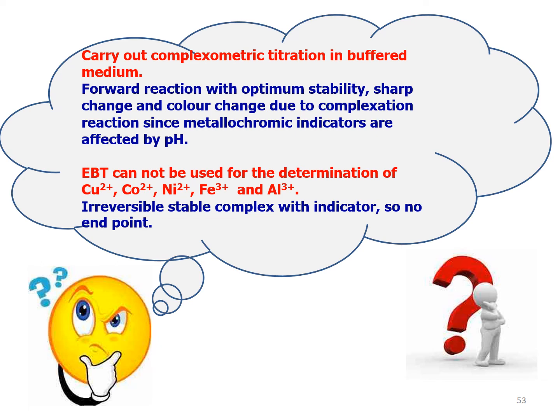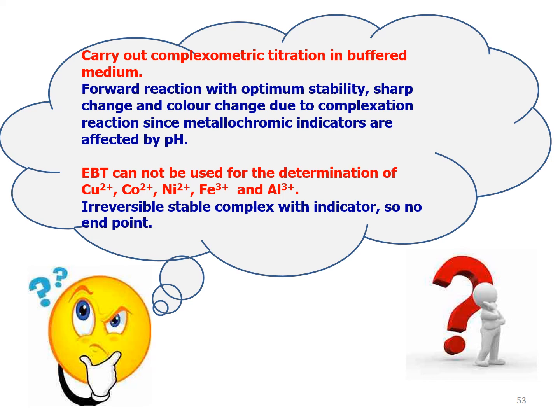The other answer is forward reaction with optimum stability and sharp color change due to the complexation reaction, since the metallochromic indicators are affected by pH.